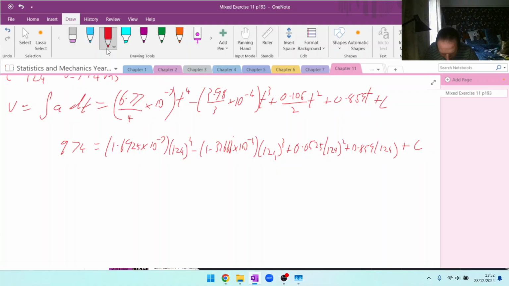All I can do is 124 to the power 4 minus 1.33 times 10 to the minus 4 times 124 to the power 3 plus 0.0525 times 124 squared.